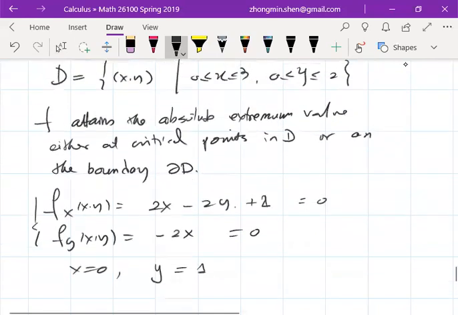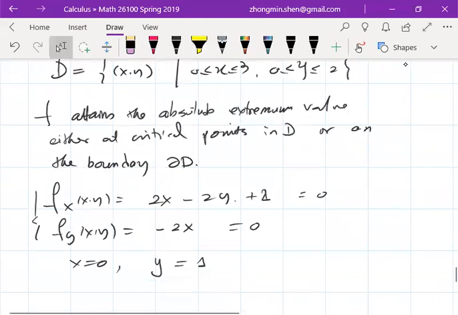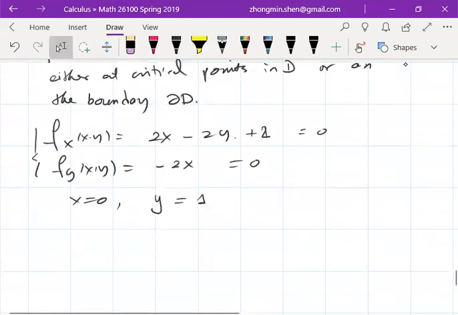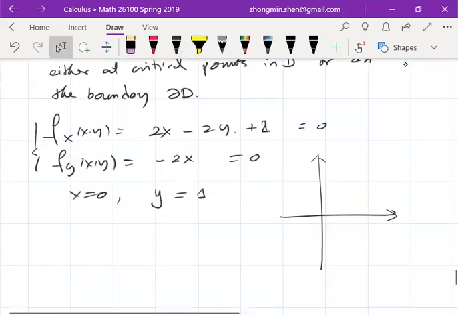Is this a point inside the domain? Unfortunately, this is a point on the boundary. Let's look at the domain: x is between 0 and 3, y is between 0 and 2. Where's my critical point? x equals 0, y equals 1. So it is on the boundary, and it's useless.